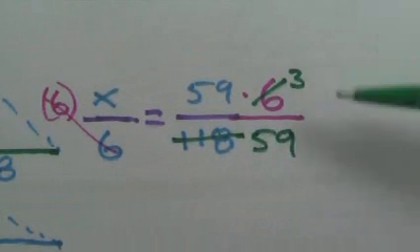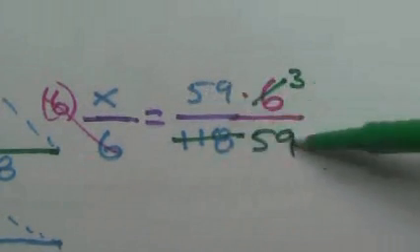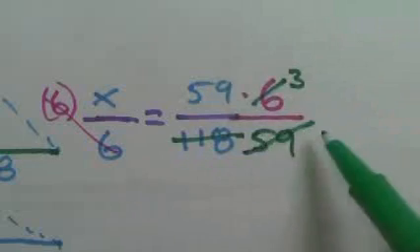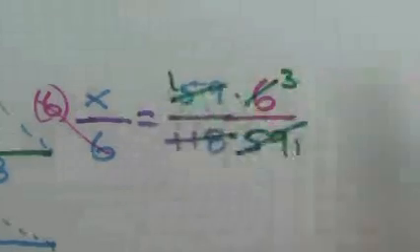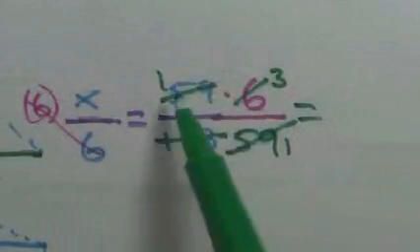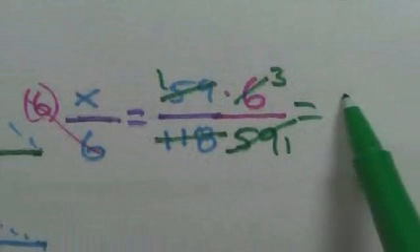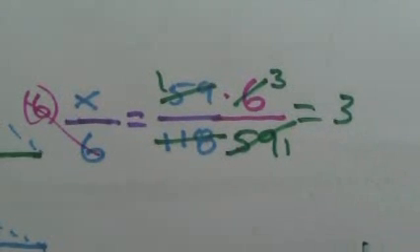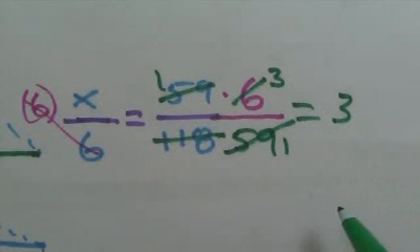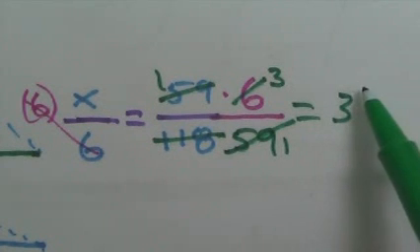Hey, this is working out beautifully for us, because now I have 59 over here and 59 down here. So 59 goes in here once, 59 goes in here once, and you are left with just 3. So what does that mean about Sarah? Sarah's only 3 feet tall.